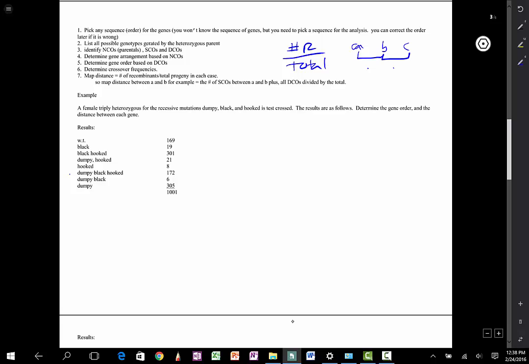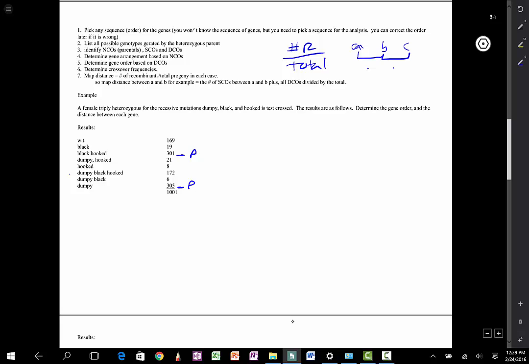And then the next thing to look at is, I would actually not write out all the genotypes just yet. The next thing to do is identify the parentals. So these guys are parentals, and these guys are parentals. So the ones that are the most are the parentals. So the 301 goes with black, hooked, and the 305 goes with dumpy.